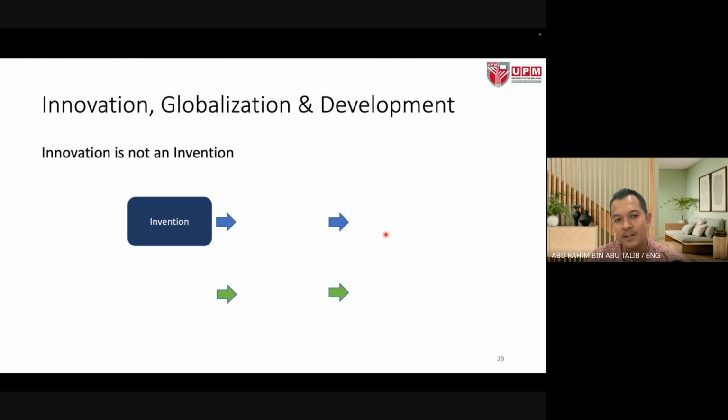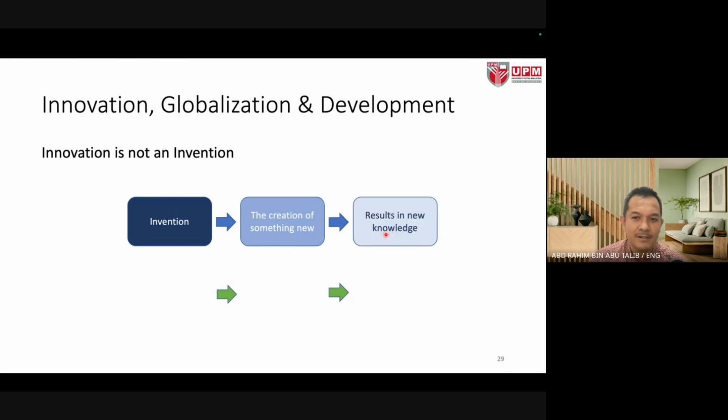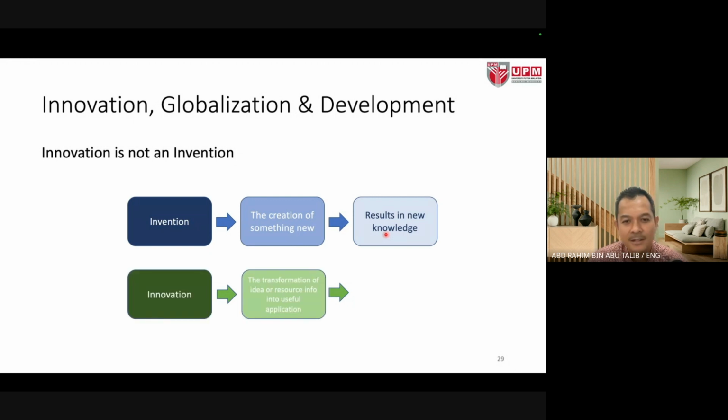Innovation is not an invention. Okay, invention is basically creation of something new, and it results in new knowledge. Whereas innovation is the transformation of an idea or resource into a useful application, and it results in a new product, service, or process.